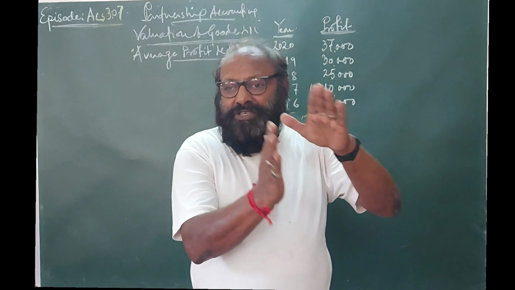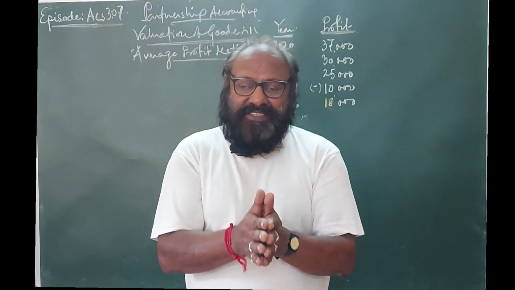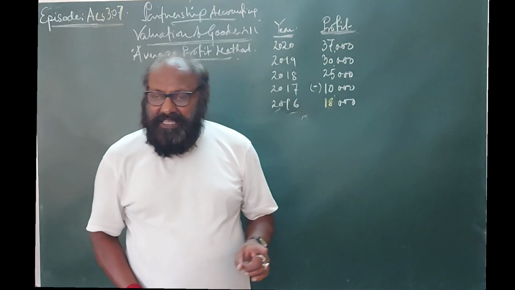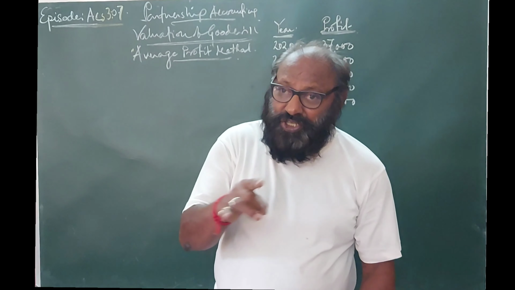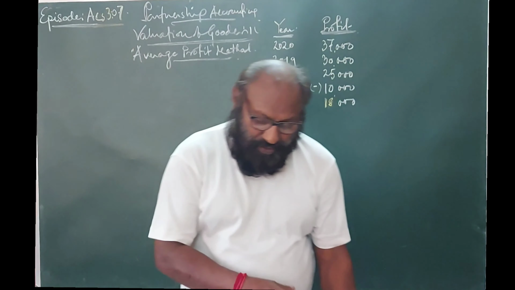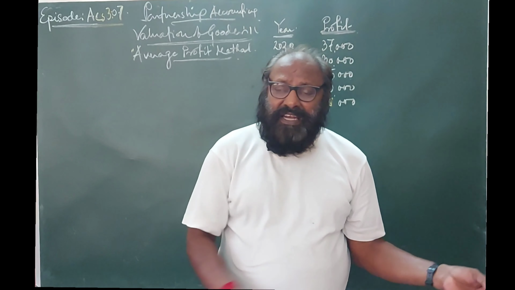So this is the dissolution of partnership that I have clearly discussed in one specific video, I think it is phase 301. The link will be given, and you may go through that.